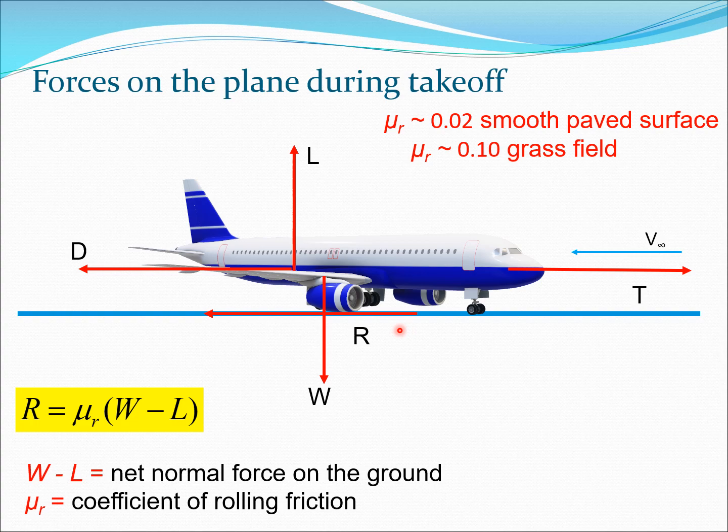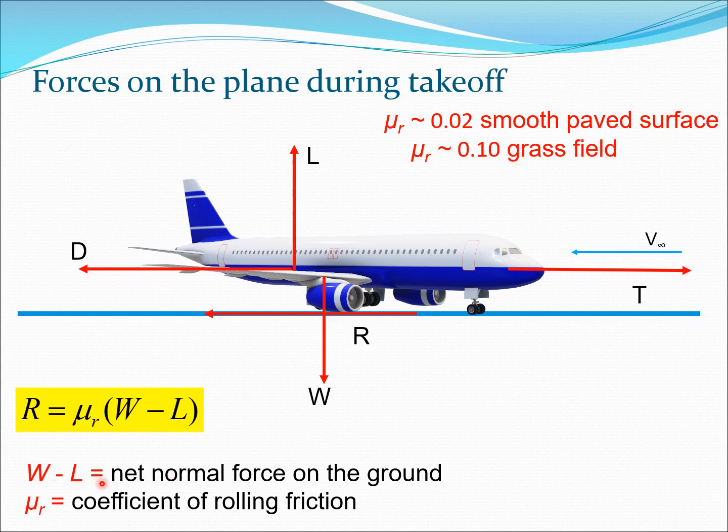Now there is a new force here, and that's the force R. This force is present because of the rolling friction. So you will recall from physics that this rolling friction is going to be mu_R into (W minus L). So this is the reaction caused by the rolling friction, and mu_R is typically a value such as 0.02 if you have a smooth paved surface, which is typical of most runways, but you may even be taking off from a grass field, in which case the mu_R coefficient is going to be something like 0.1.